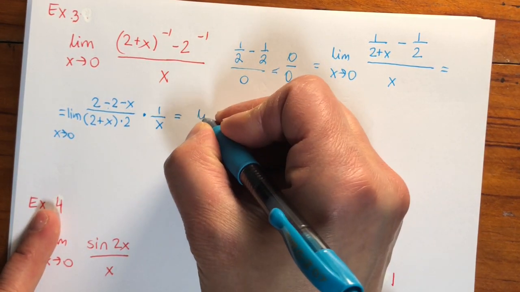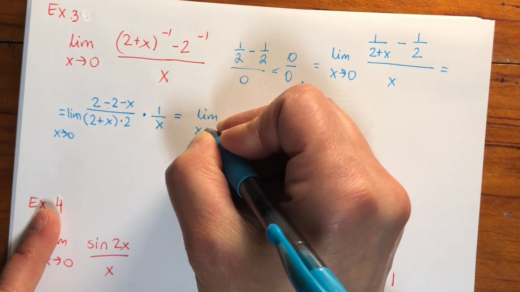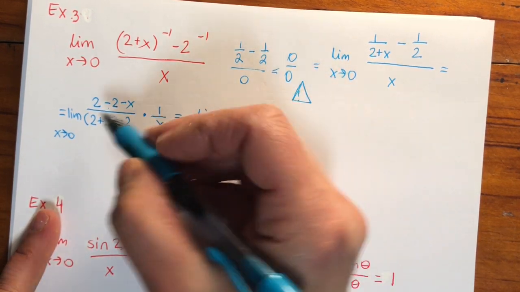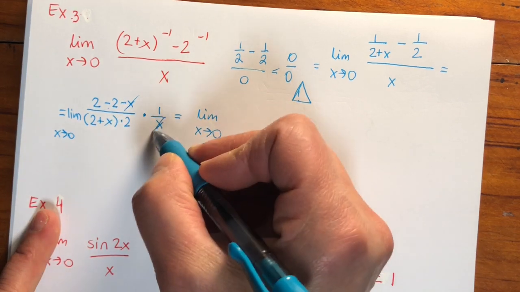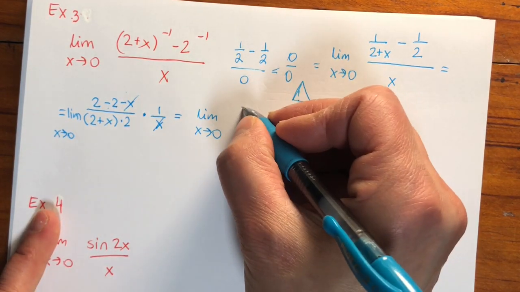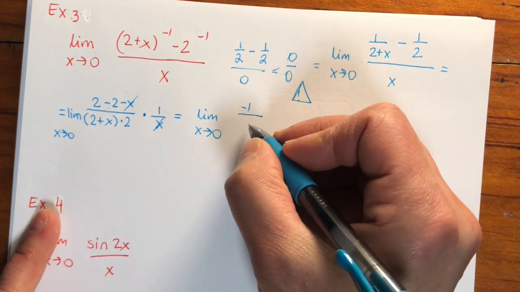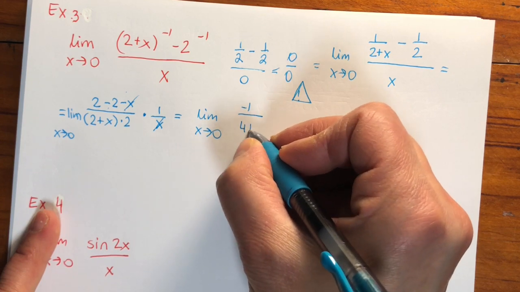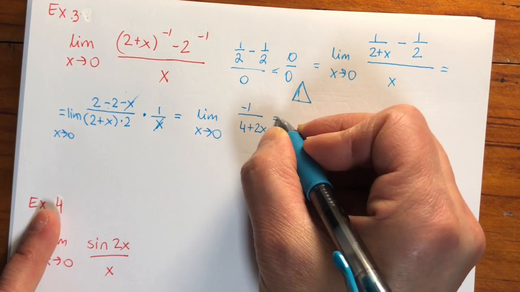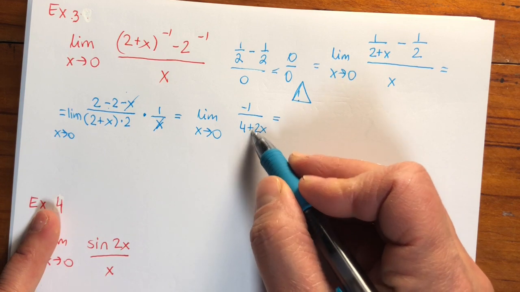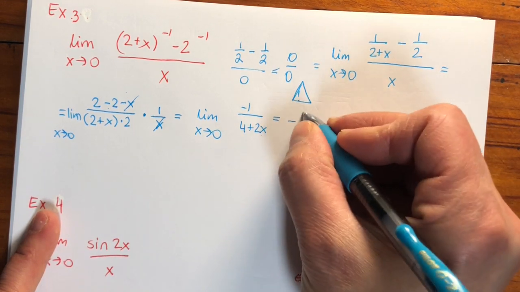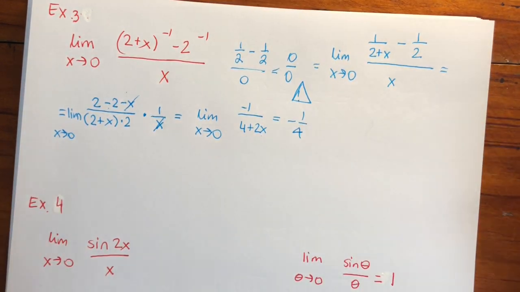So I am going to have limit as x goes to 0. This will simplify, so I only have negative 1 on the top of the fraction, and on the bottom of the fraction I have 4 plus 2x. If I plug in 0, this is negative 1/4. I think I used the same example I did yesterday, but that's okay.